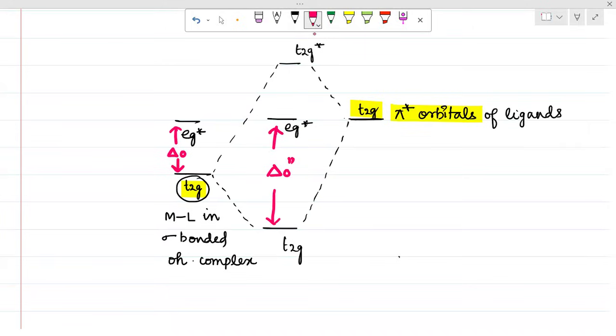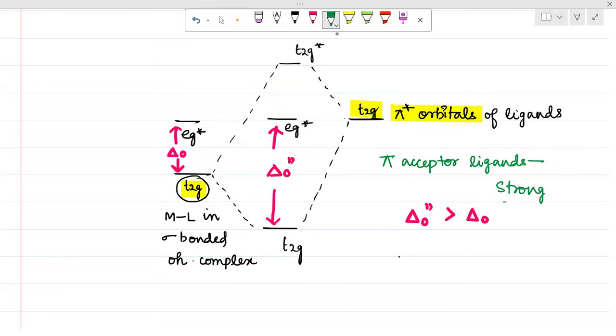Now the moment there is a pi acceptor ligand, wherein the electrons enter the pi star orbitals, the splitting delta O double prime has now increased than the normal splitting, meaning pi acceptor ligands are strong.